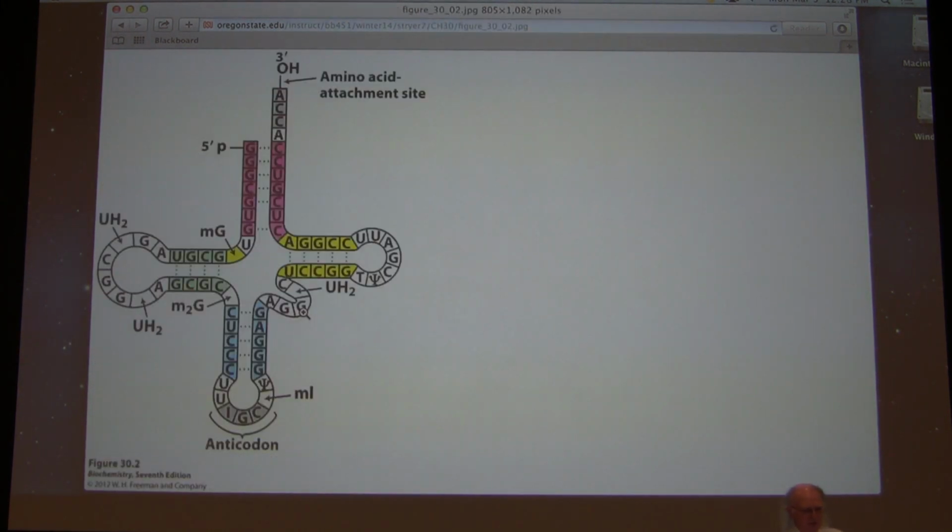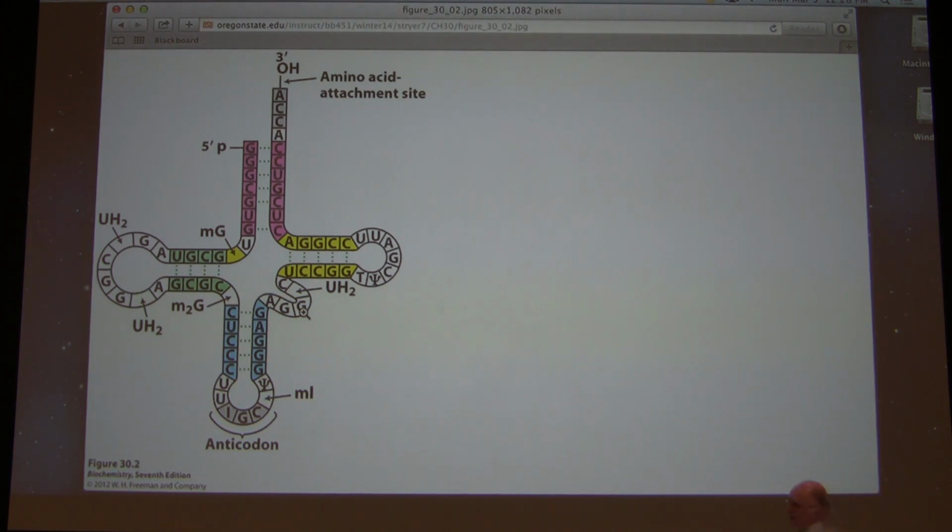Okay. This now, again, schematically shows the structure of a tRNA. And I'm not showing you this to wow you with anything here. It's just to remind you of the structures that we talked about before. There at the top is the CCA sequence where the amino acid gets attached. It turns out that, remember, this is ribose, the sugar that's in ribosomal RNA.